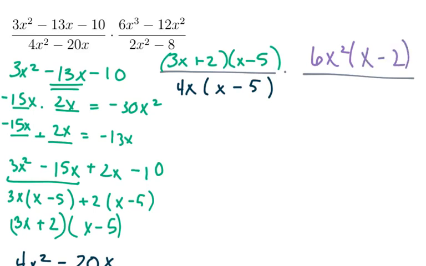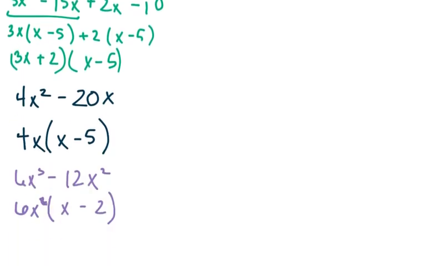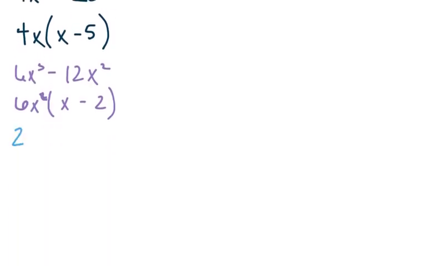Okay, and now we have one last thing to factor. 2x squared minus 8. Now, this one looks a little bit different, but because it doesn't have an x here, we're still going to start by taking out our GCF, right? That's what we always look for first. So 2x squared minus 8, they're both even, divisible by 2, and that leaves us with x squared minus 4.